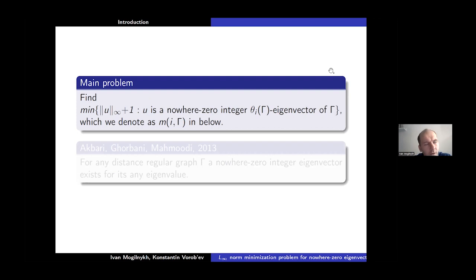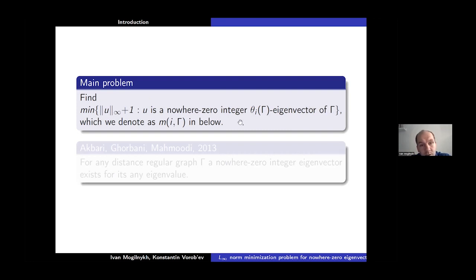In general, one might consider the following problem. Find the minimum of the infinity norm plus one of vectors that run through all nowhere zero integer theta_i-eigenvectors of a distance-regular graph Gamma.